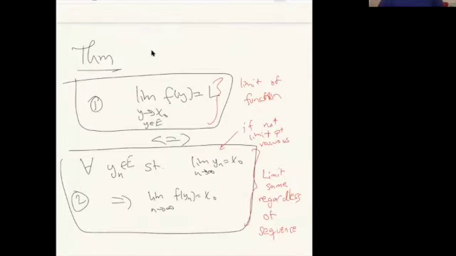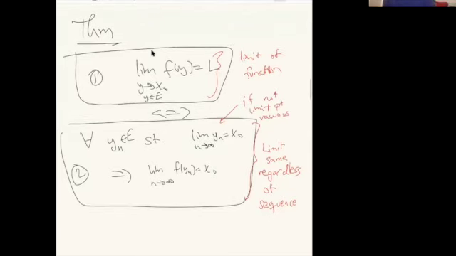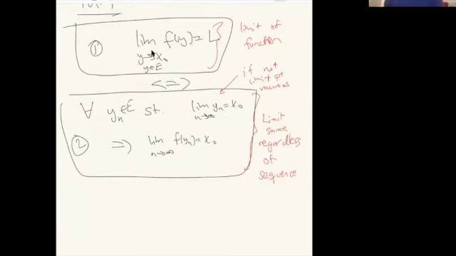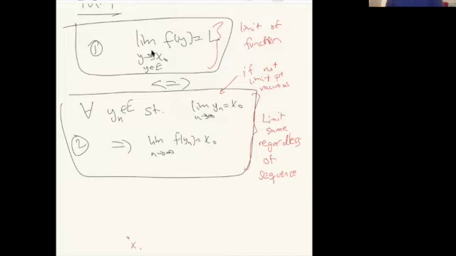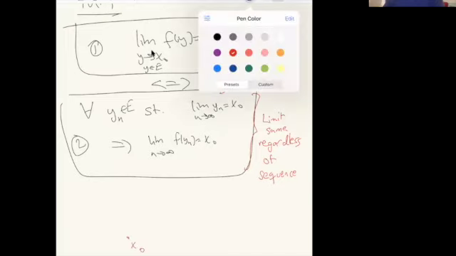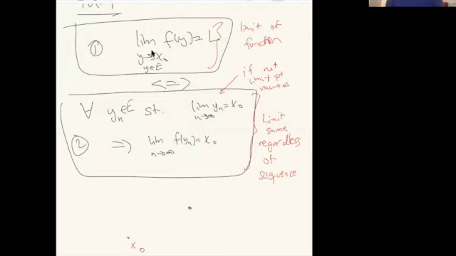Okay, and now the main theorem around this concept is that, just like continuity, there's another way of characterizing this limit, and it's by sequences. So if you have a fixed point x naught, then we could talk about some sequence converging to x naught.